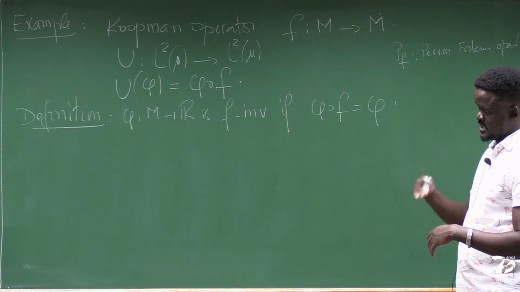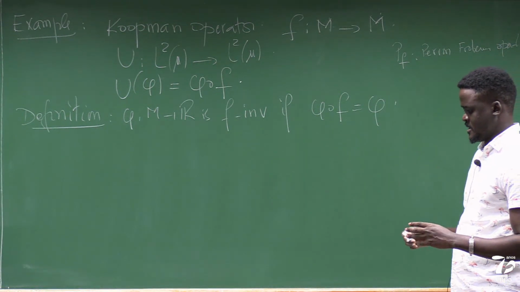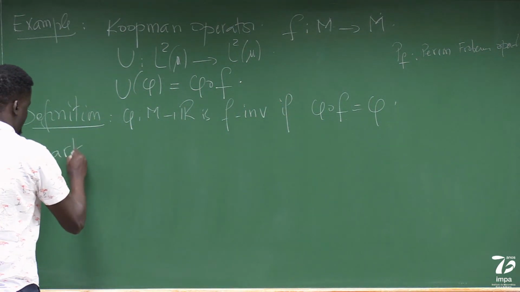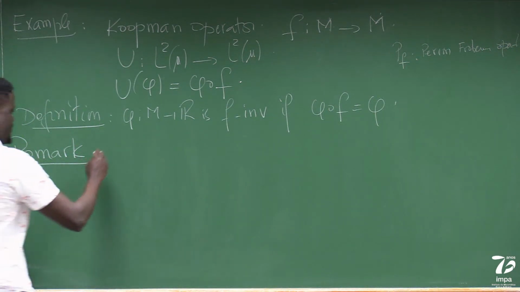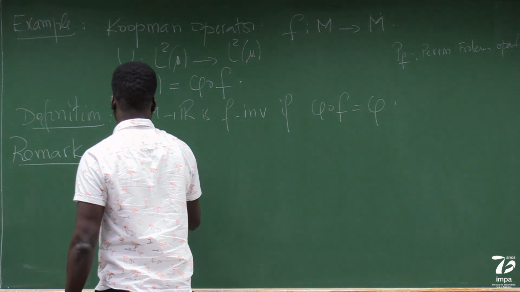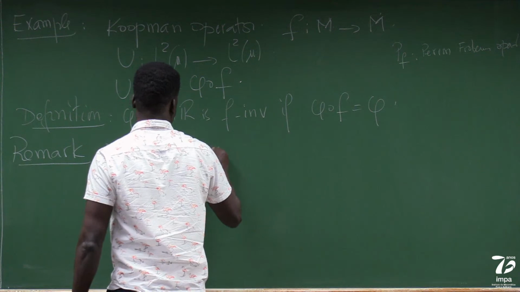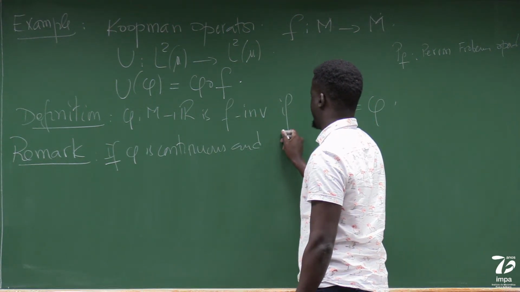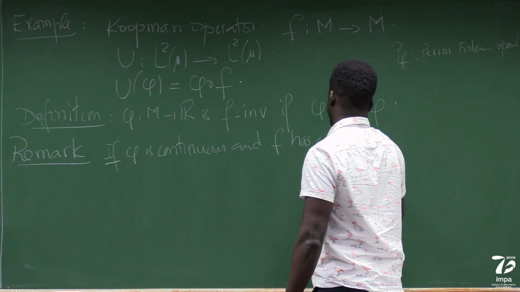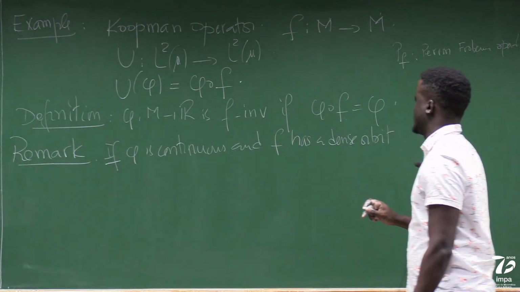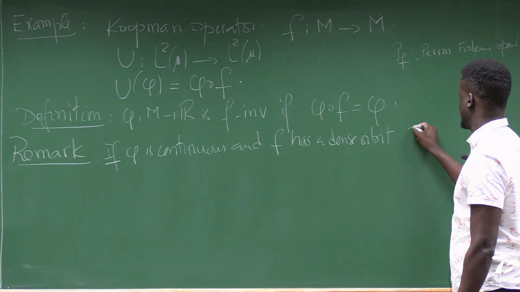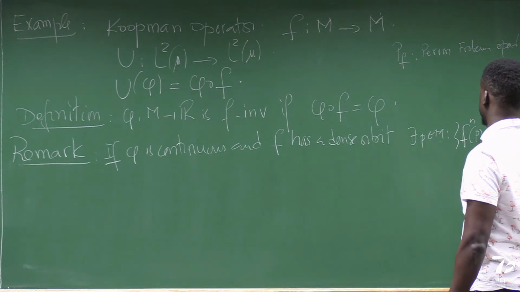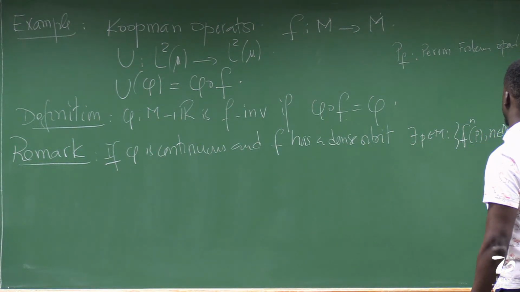And we will see also in the next chapter, let me put this as a remark, that if phi is continuous and F has a dense orbit, dense orbit meaning there exists p in M such that the closure of the orbit of p is the whole space.